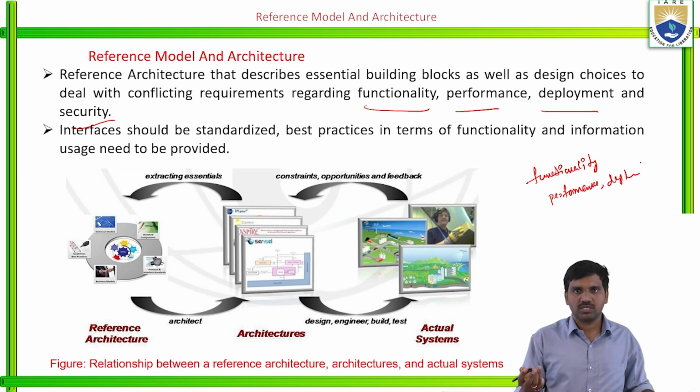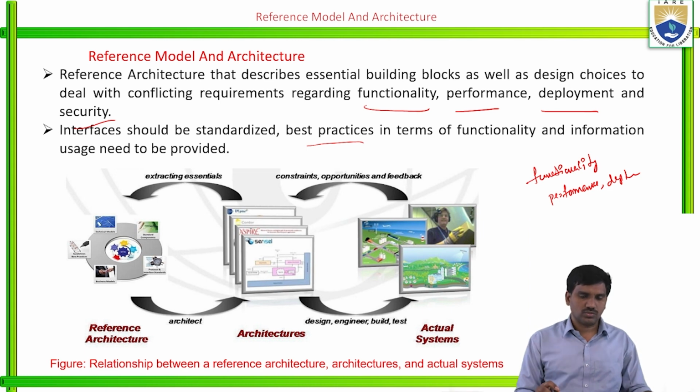We can provide some security protocols too. The interfaces should be standardized, and best practices in terms of functionality and information usage need to be provided. So these are the main functionalities of the IoT reference model and architecture.